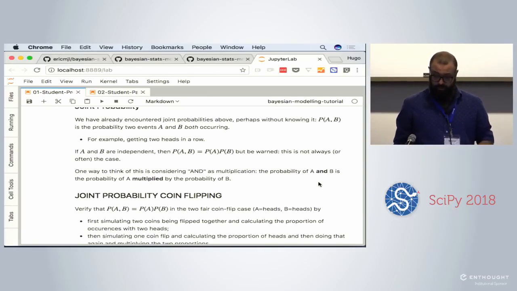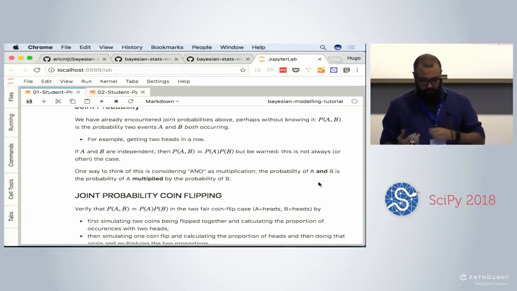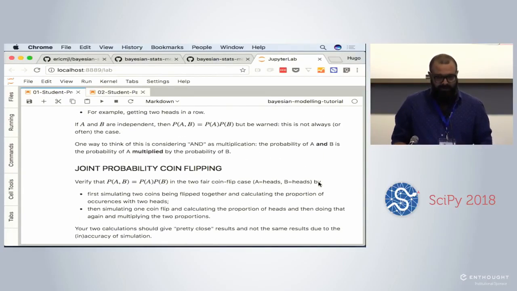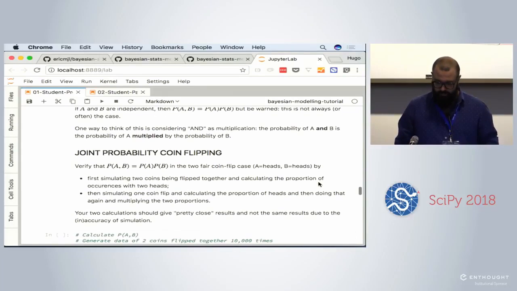Now, one thing worth mentioning is if two events A and B are independent, like in the coin flip example, then the probability of seeing A and B is the probability of A times the probability of B. Now, note that you've got no reason to think two things are going to be independent. You need to prove to me well before saying it that this is the case. And I think most of us would know this from school that we consider the 'and' as being multiplication, right?